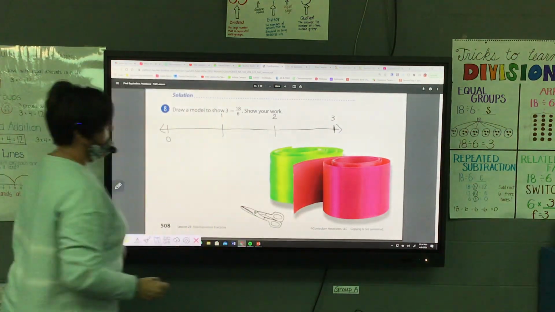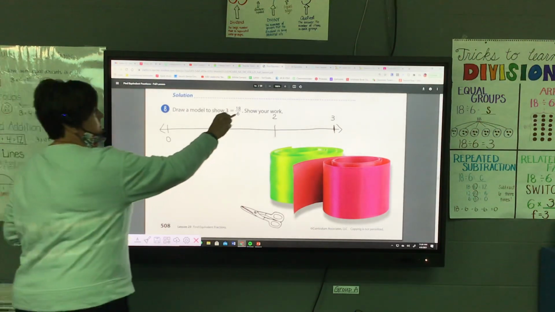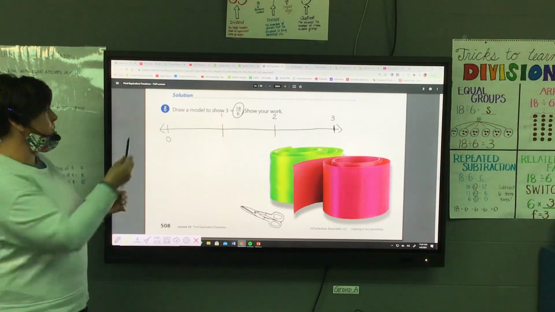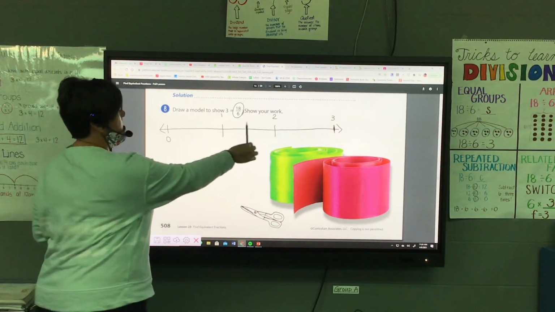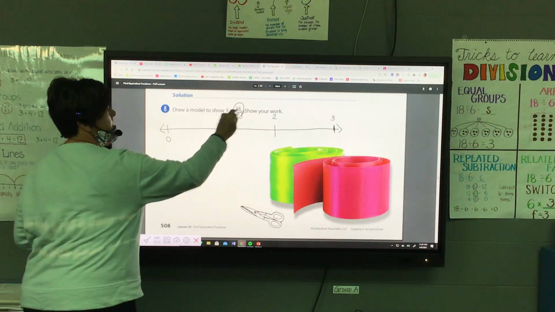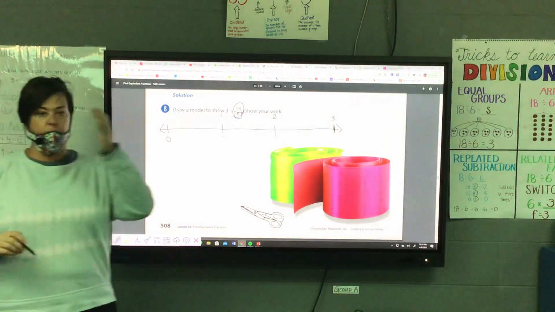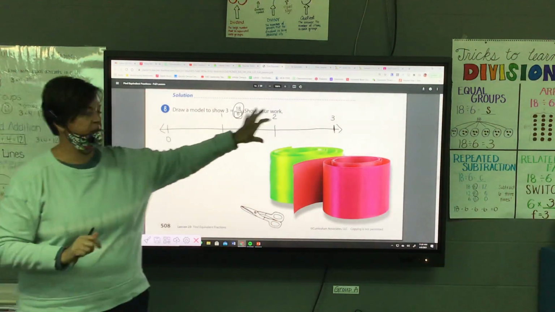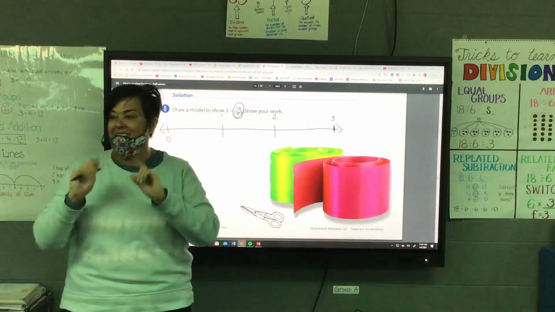Okay. This tells me how many equal parts need to go in between each whole number. The denominator does. How many equal parts are we breaking each section up into? 6 parts.